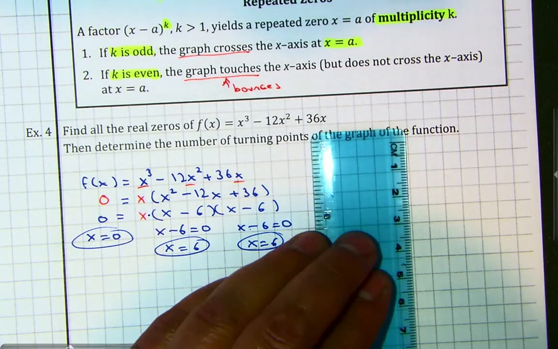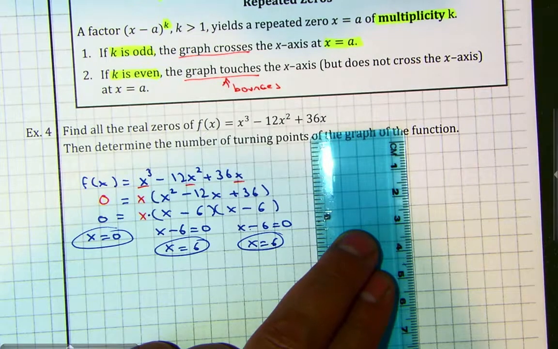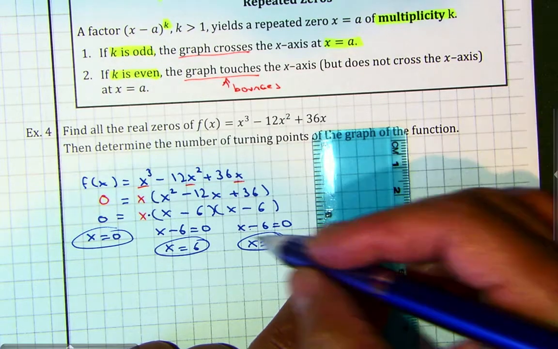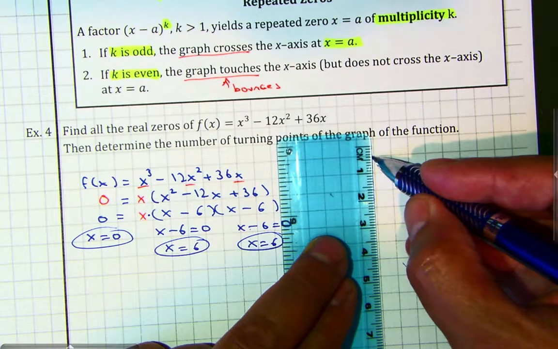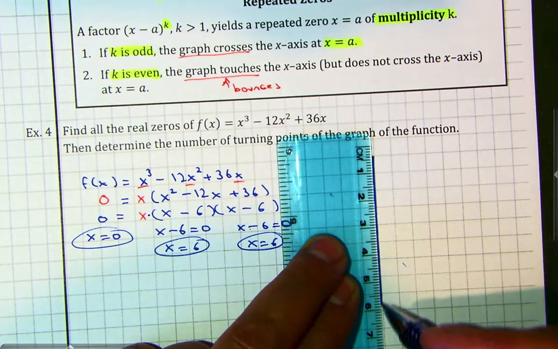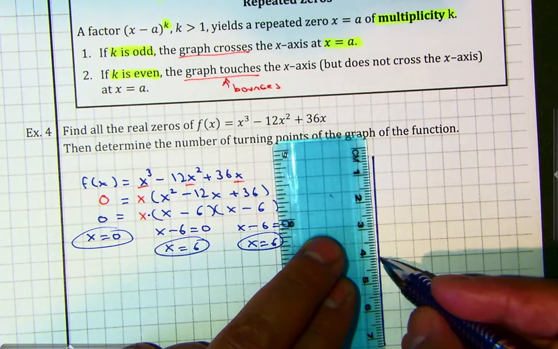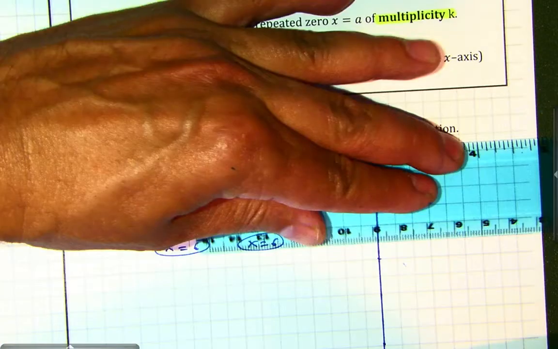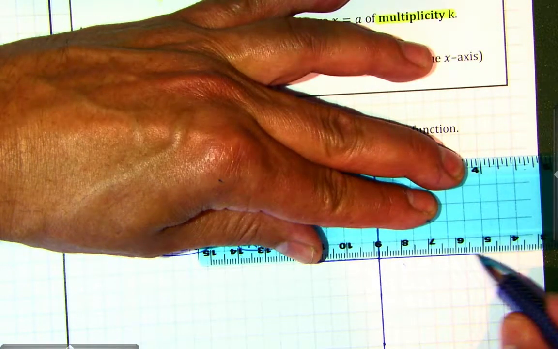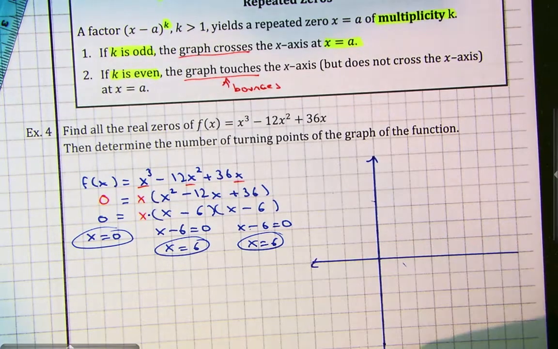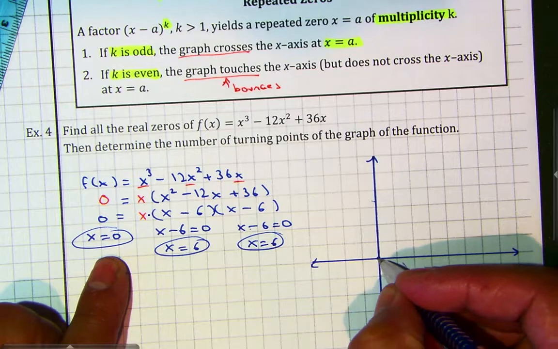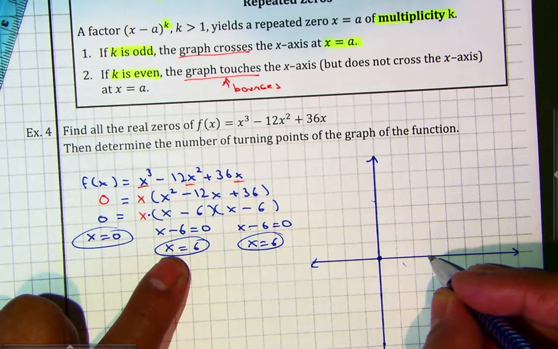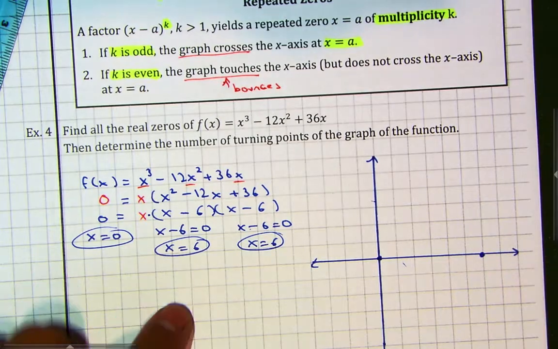So let's make it just a quick 6 by 6, since I need 6 or a little bigger. They're all positive, so I'm going to make a little more space on my first quadrant. So my x-intercepts, the zeros of the function, are 0 and 6 and 6.